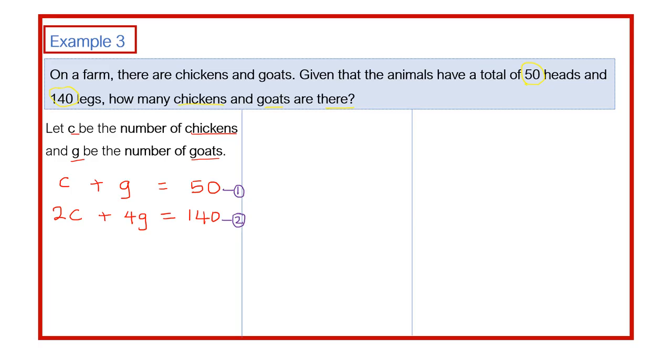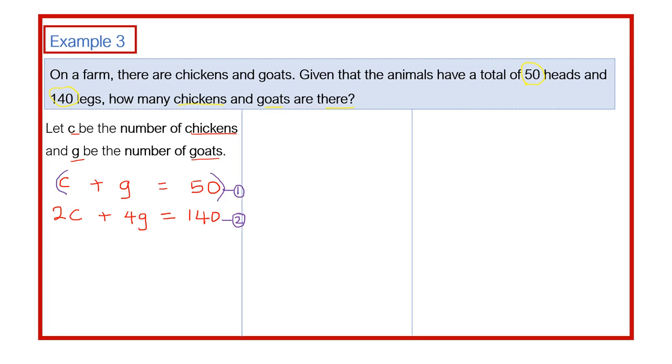Now, at this stage, we can choose to use elimination method or substitution method or graphical method. But now, let us try to use the elimination method. Since we can see that we have got 2C plus 4G, which is 140, let us try to make sure that also in equation 1 we get 2C.